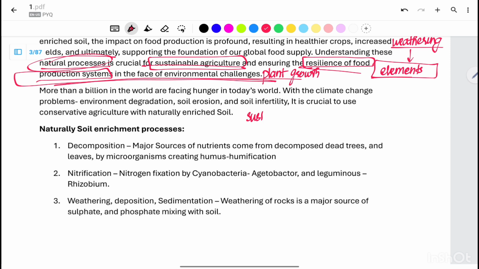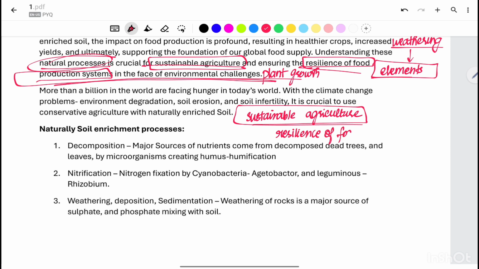We need sustainable agriculture, and we also need the resilience of food production systems in the face of environmental challenges.